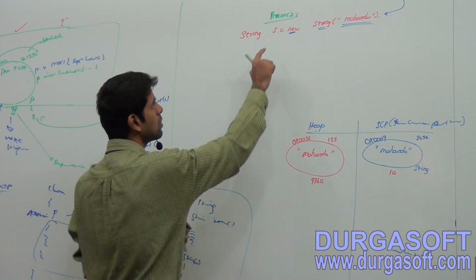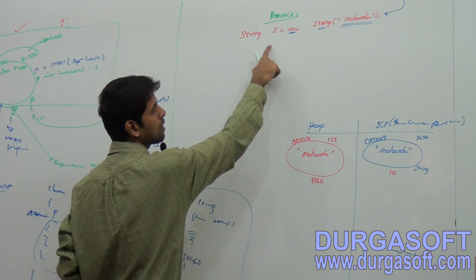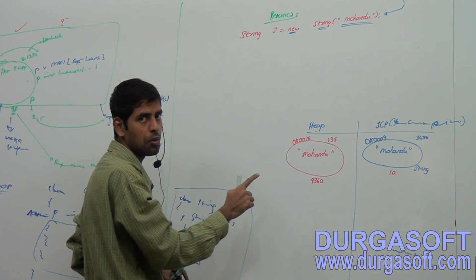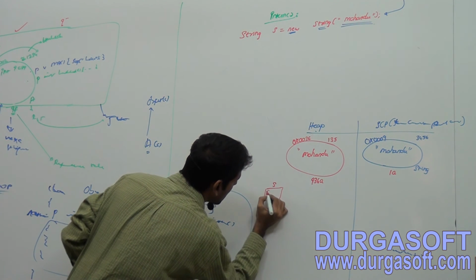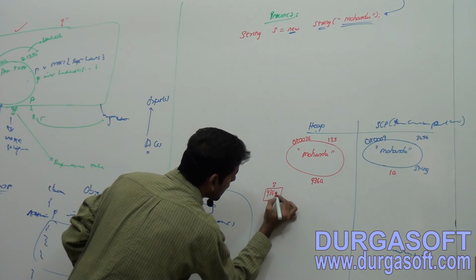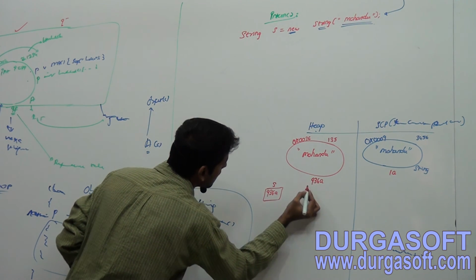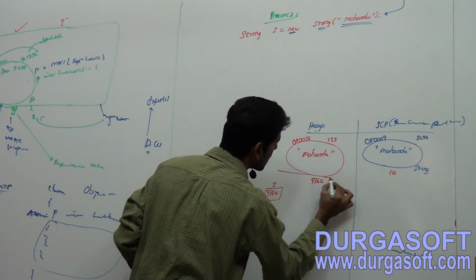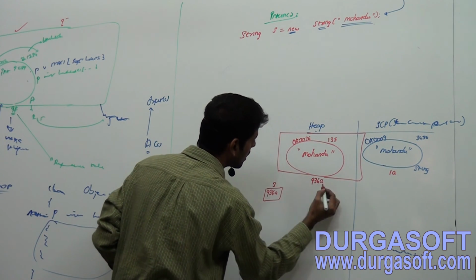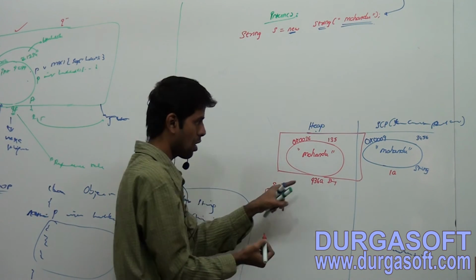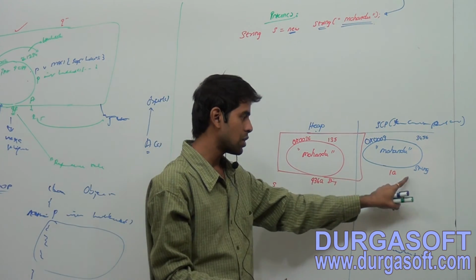The reference variable will contain this object's reference value, let it be 936a. This is which type of object? A string type of object.